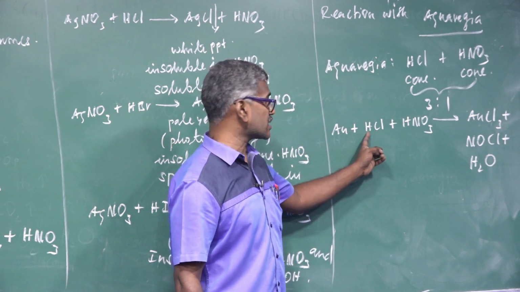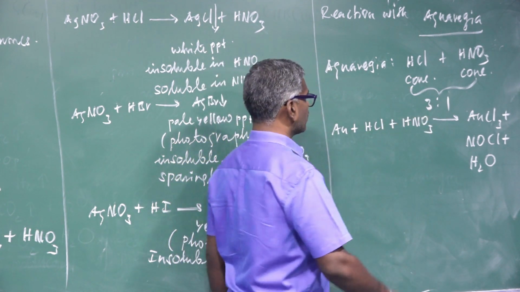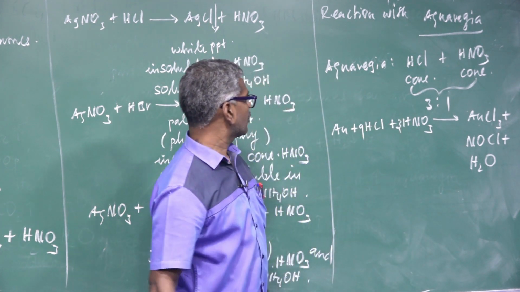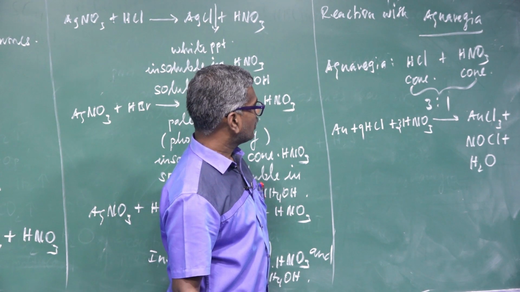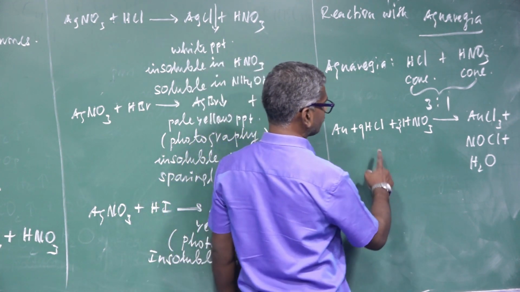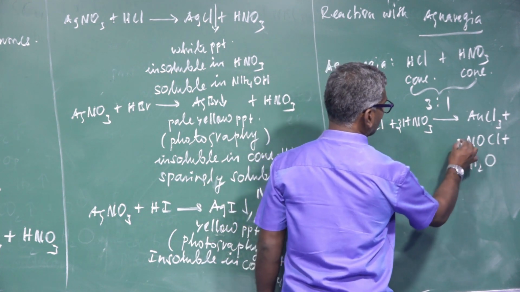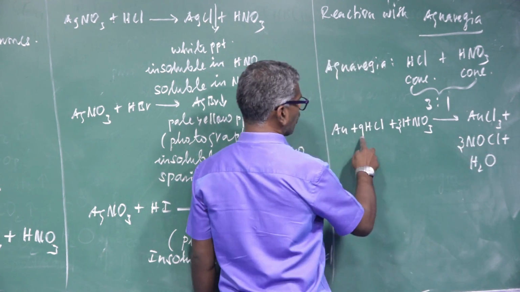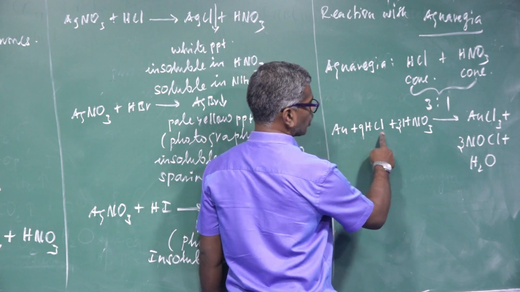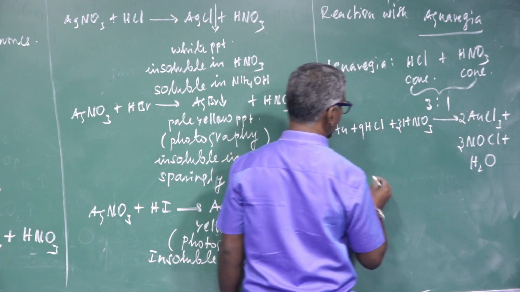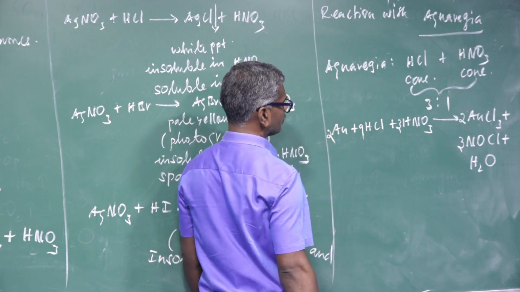Not at all possible because the ratio is 3:1. So this is 3 times, this is 9 times. Now common chlorine, and common nitrogen, 3 nitrogen. Common chlorine, here 9 chlorine, 3 over, remaining 6 is 2 times. Common Au is 2 times.